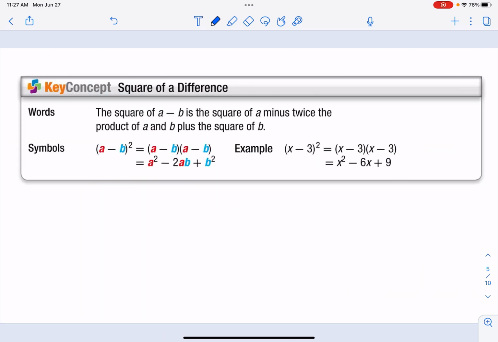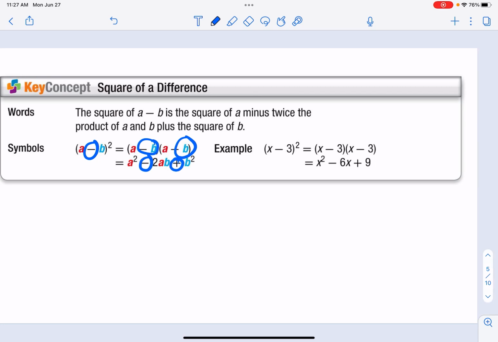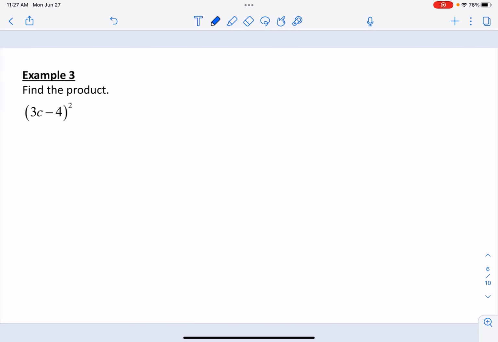Okay, square of a difference. So it's the same thing we've been doing. Just notice here, when I have a minus sign, that middle term becomes minus. Remember, a negative times a negative is always a positive. So finding this product.